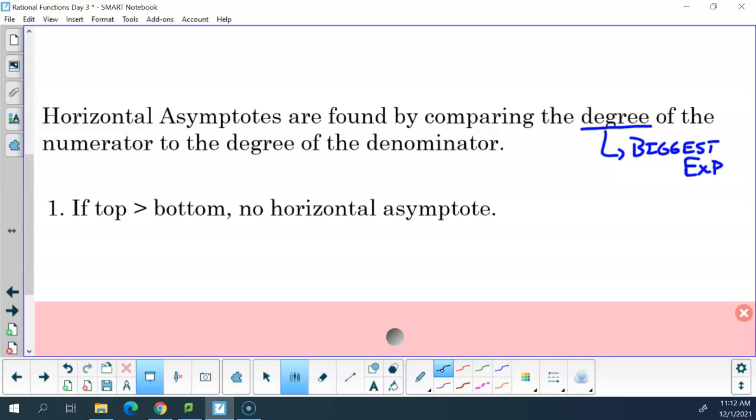Okay? So for instance, what the function would look like here would be like x squared plus 4 over 2x minus 5. Okay? So this has a degree of 2 on the top, a degree of 1 on the bottom, because even though it's not written there, we're assuming that that exponent is 1.